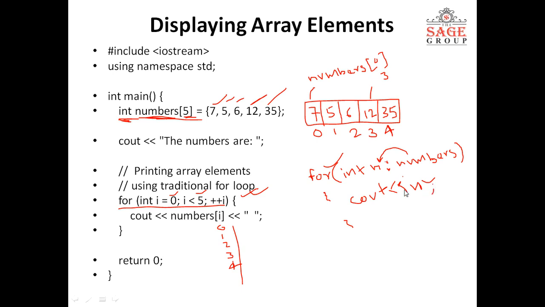Remember the semicolon. Fine. One more thing you could do is write for, and you have to write const. Const is a keyword, that is const int address of n, colon numbers, again numbers.